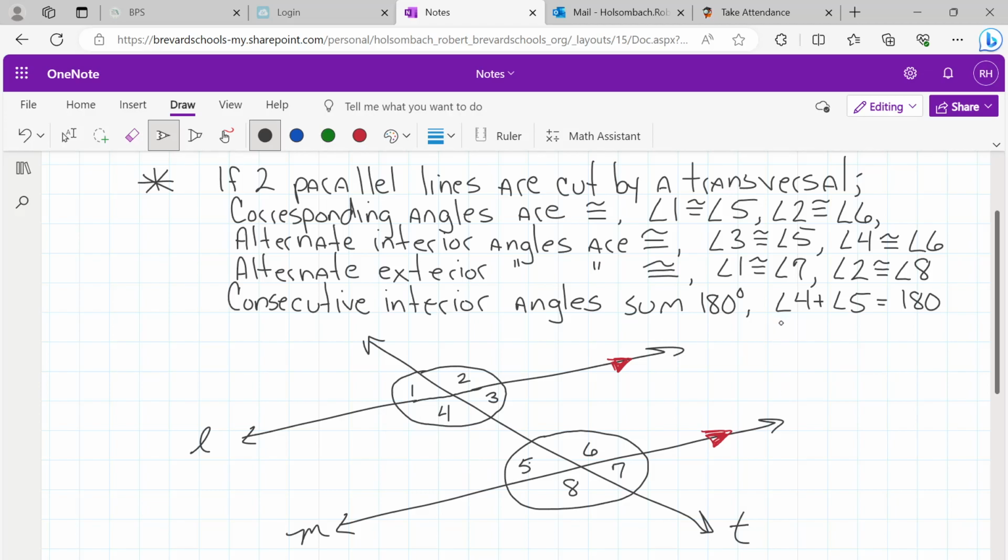What's the other pair? Angle 3 plus angle 6 has to equal 180. Those are 4 extremely important rules. You have to understand the rule, and you have to understand how to identify the pairs of angles so that you can apply the rule.